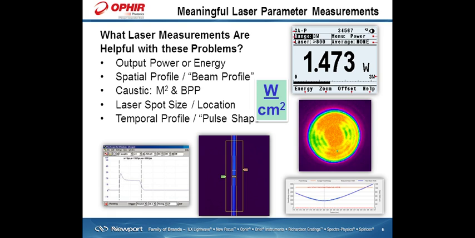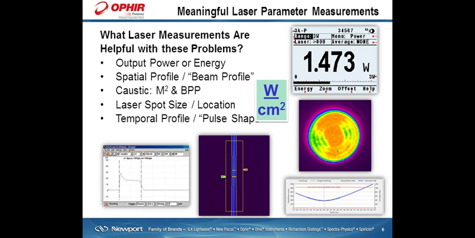Again, when we're talking about laser material processing, these are the two measurements that you're going to take in order to fully understand how the laser is being applied to the material being processed. This is going to give you your two bits of information, your watts per centimeter squared.